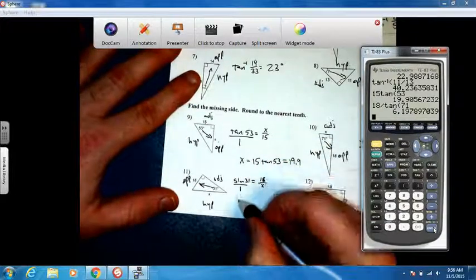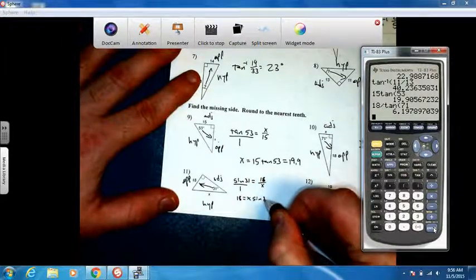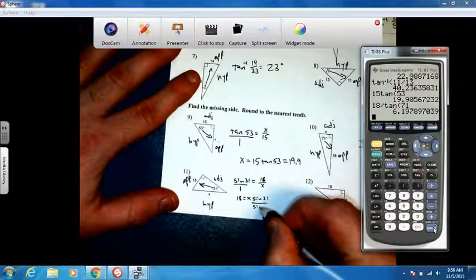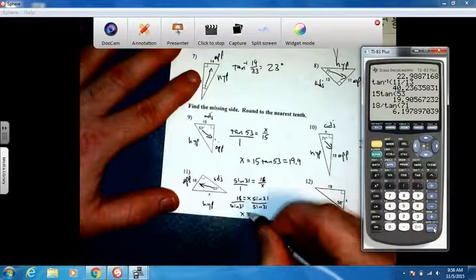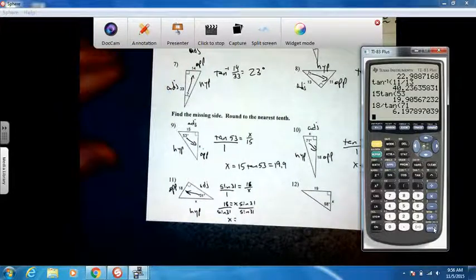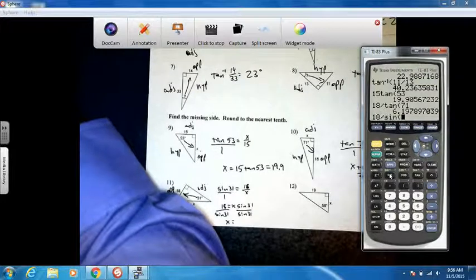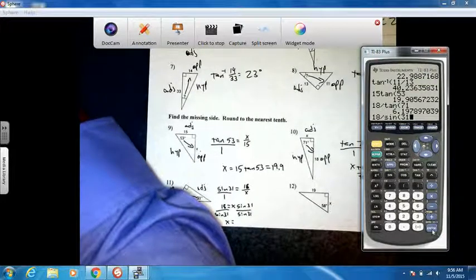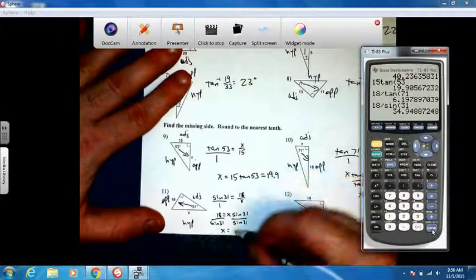So 18 equals x times sine 31. Divide by sine 31. And x equals, well, I don't know. I'm going to find out. 18 divided by sine 31, enter, is about 34.9.